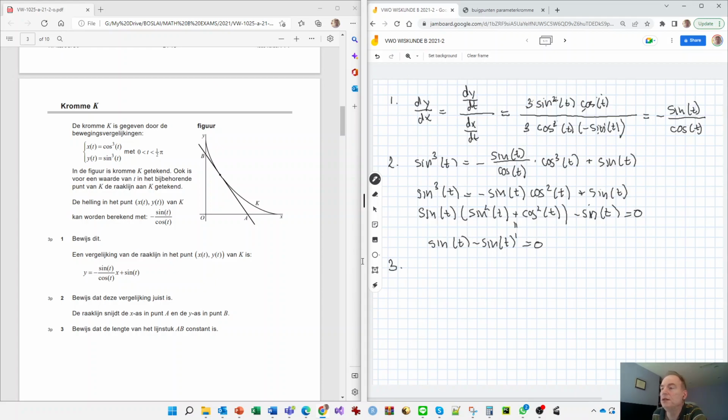Question 3. This tangent crosses the x-axis in A and the y-axis in B. Prove that the length of AB is constant, meaning that it will not depend on t.